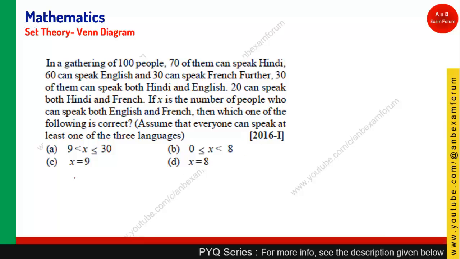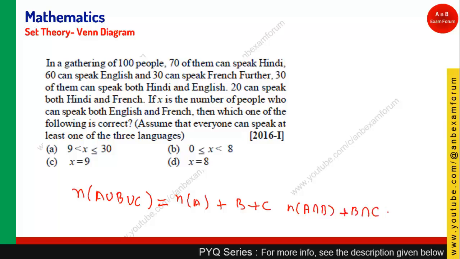So whenever you find 3 variables, always use the formula for the union of 3 sets, A union B union C. The formula is the number of elements present in A, in B, in C, then minus the number of elements common in A intersection B, similarly B intersection C, plus C intersection A. Okay, the intersection part is minus, and finally you add the intersection of all these 3 sets.